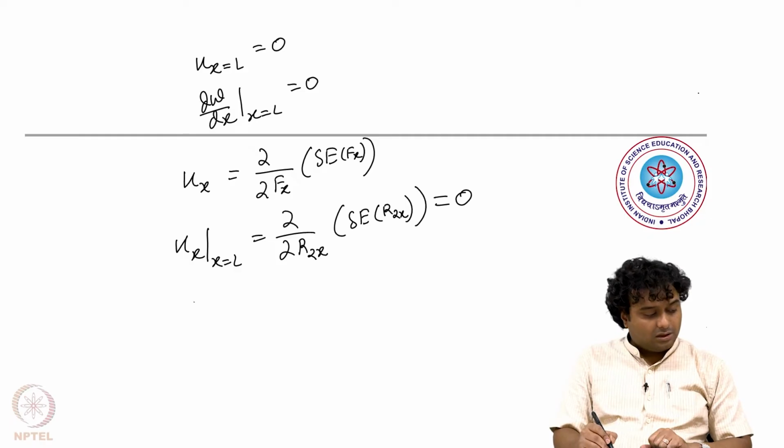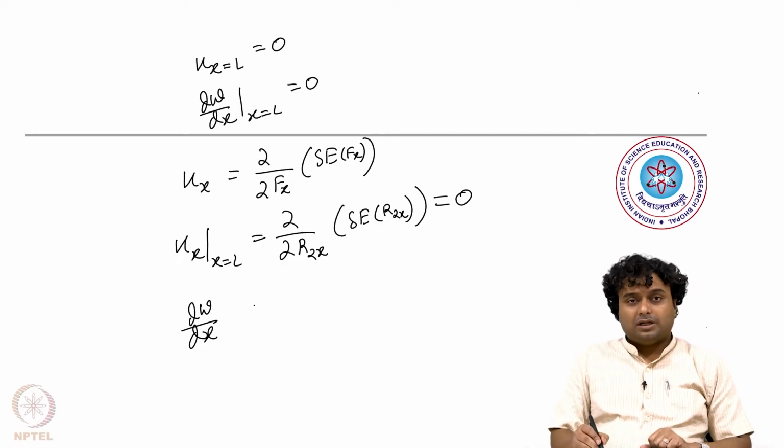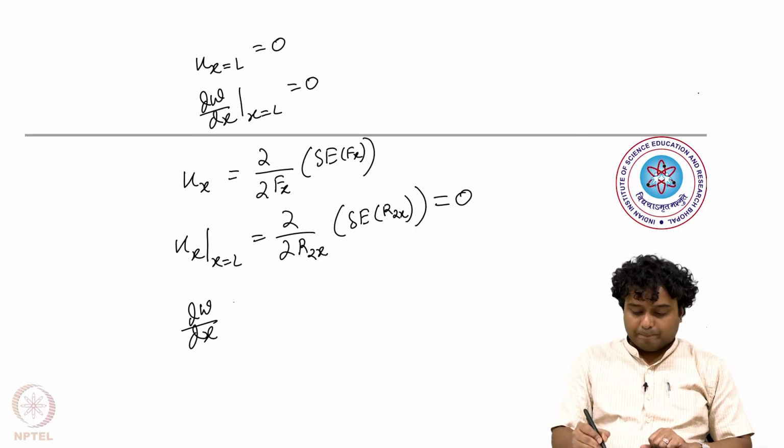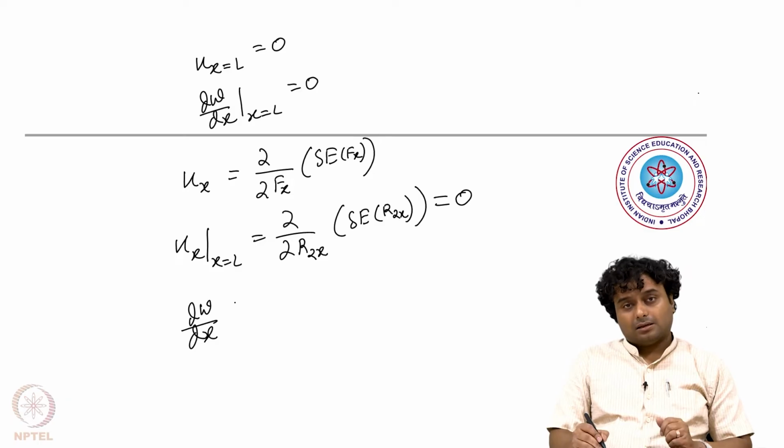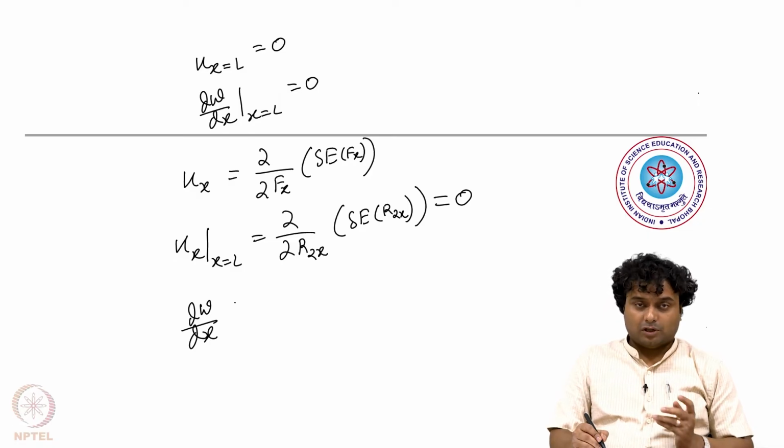Then what is the other condition? The other condition is dw/dx. dw/dx is the slope, and this slope means the angle theta. And what makes the angle theta? The moment. The force makes deflection and moments make the body rotate.